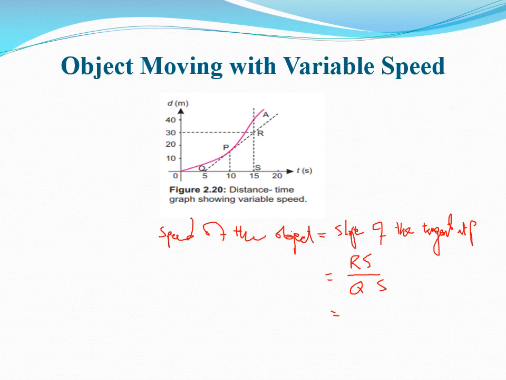RS is 30 meters and QS is 10 seconds, because it goes from 5 seconds to 15 seconds, meaning 10 seconds are spent. So what's the speed? If we divide 30 by 10, we get 3 meters per second. So this is how to find the speed through a distance time graph of an object that moves with variable speed.